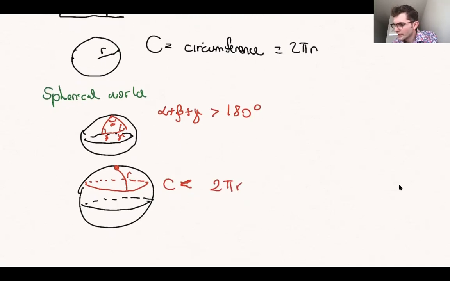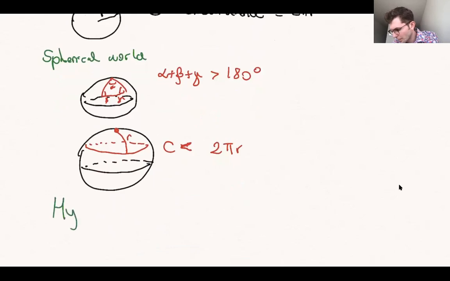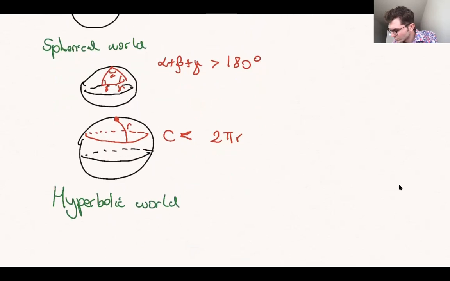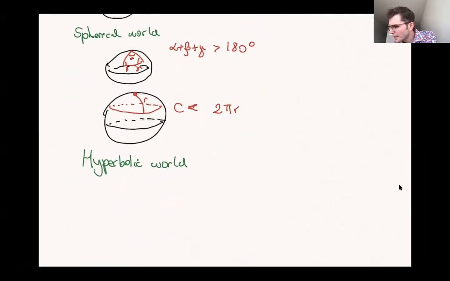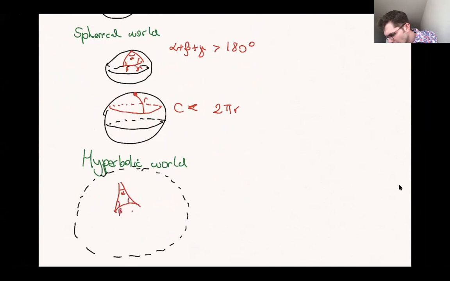And then you have the hyperbolic world. Again, you can just think of it as being drawn, as I was showing you, inside the unit disk. But here the triangles look skinny, so alpha plus beta plus gamma is less than 180.